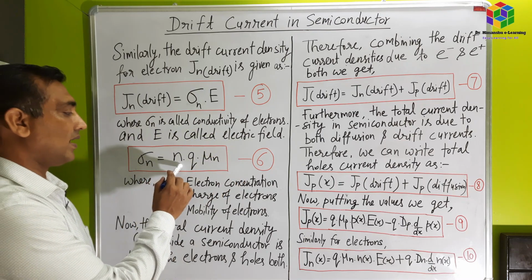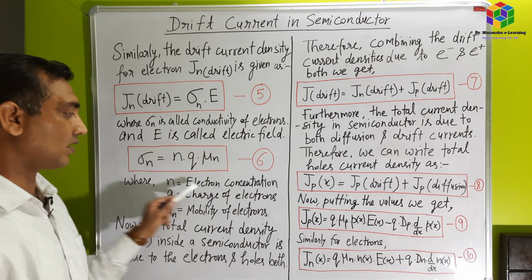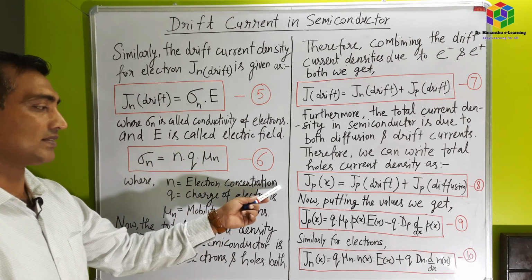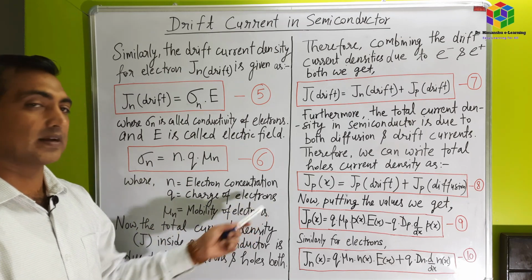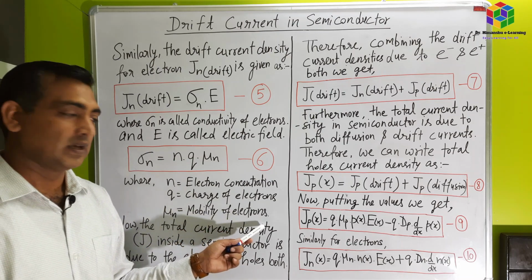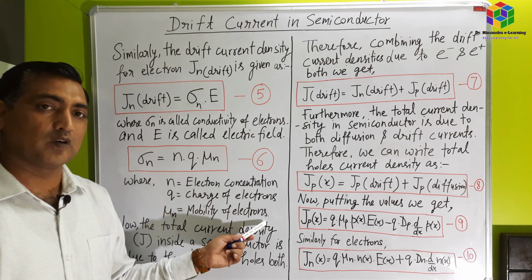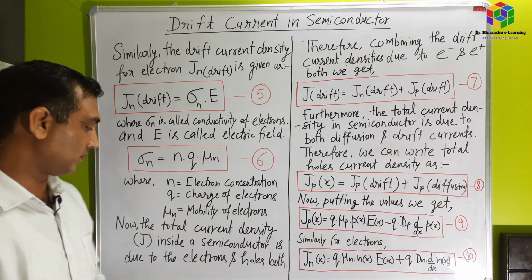Sigma n is equal to n into q into mu n, that is equation number 6, where n is called electron concentration per centimeter cube, q is the charge of electron, 1.6 into 10 to the power minus 19 coulomb, and mu n is called mobility of electrons, which is different for different types of semiconductors like germanium, gallium arsenide and silicon.